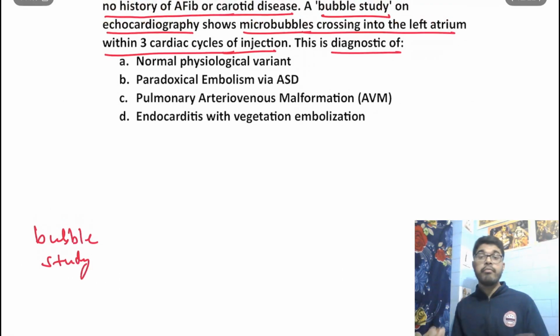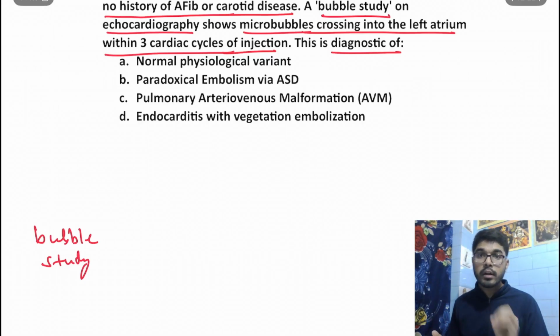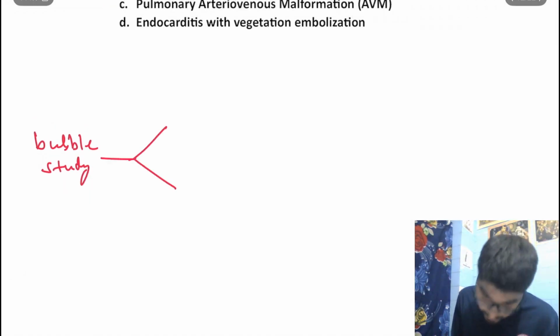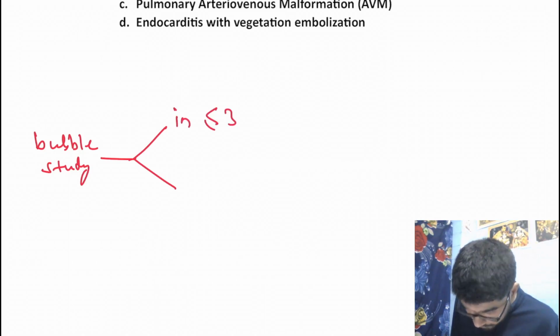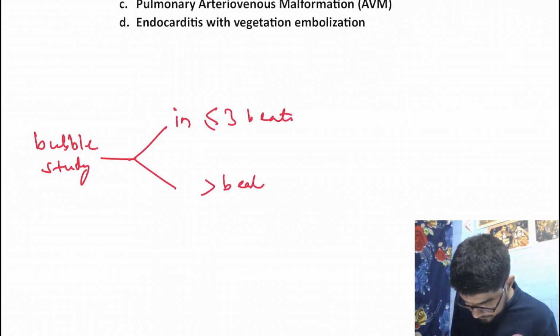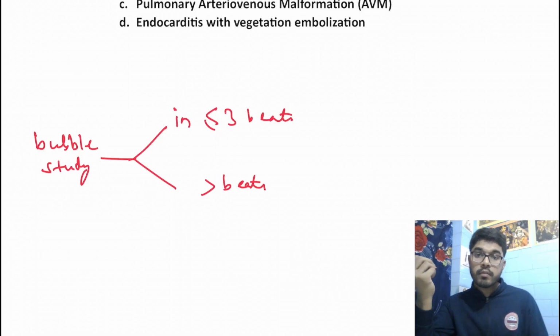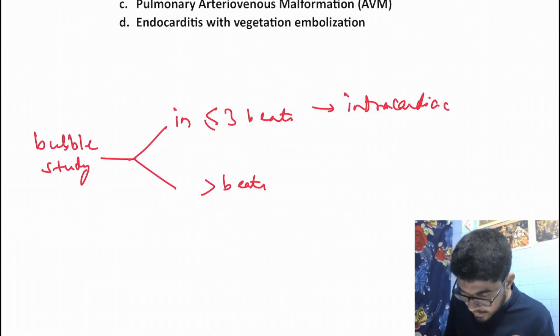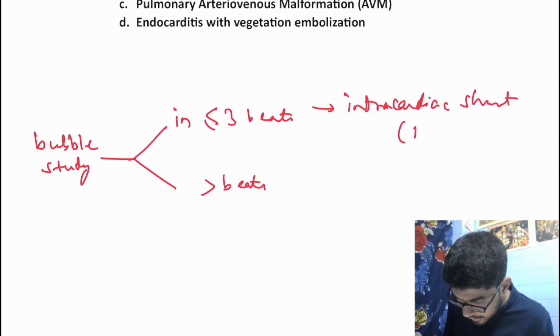Normally we do not get bubbles crossing into the left atrium. But if we get them, we need to check one important thing: whether it happens within 3 beats or after 3 beats. If the bubble crosses within 3 beats, it means an intracardiac shunt is present, most commonly in the form of ASD.